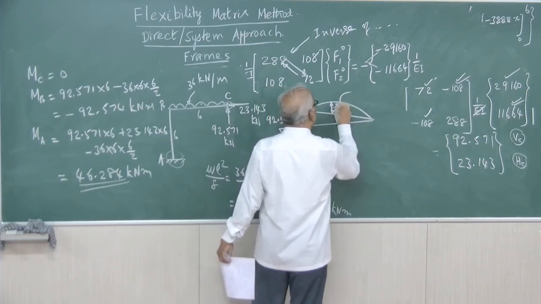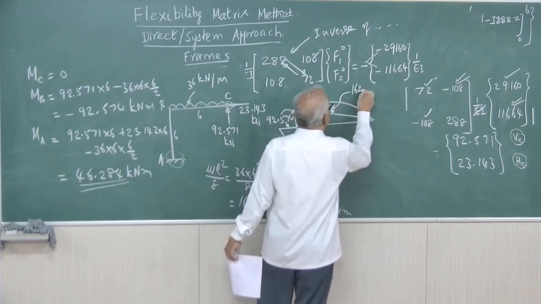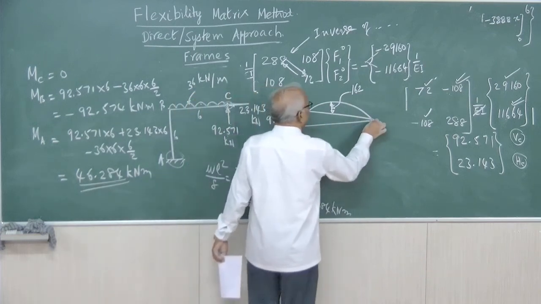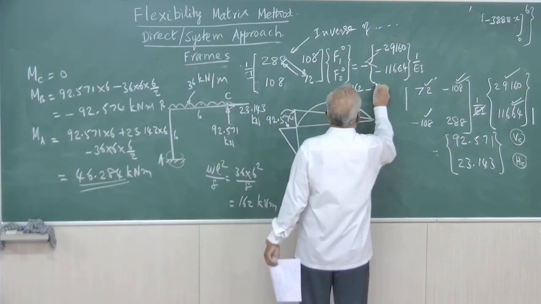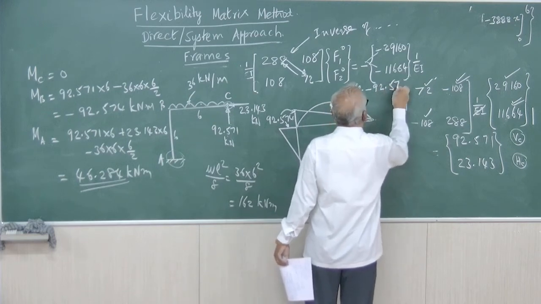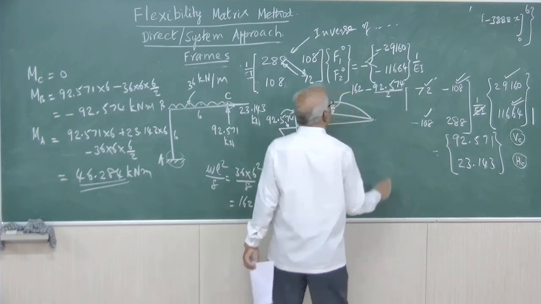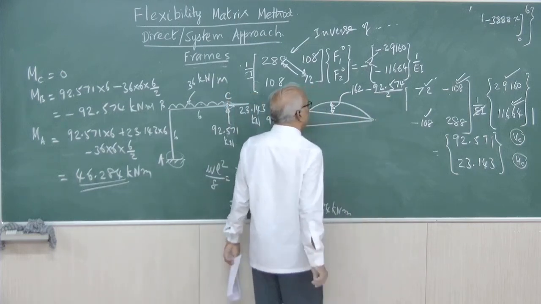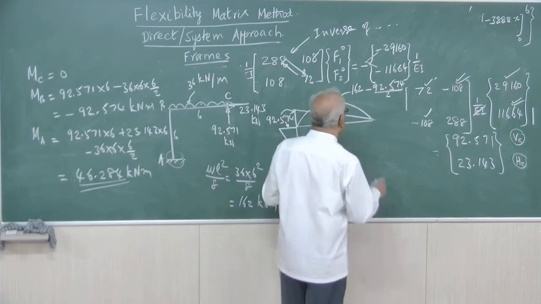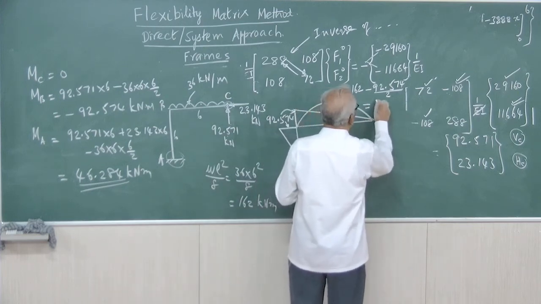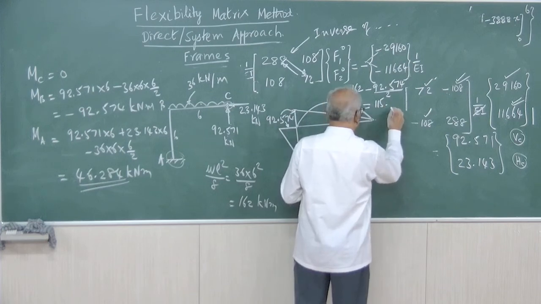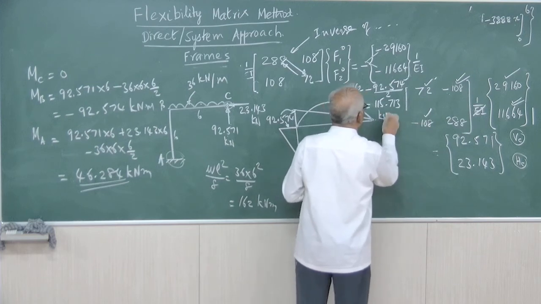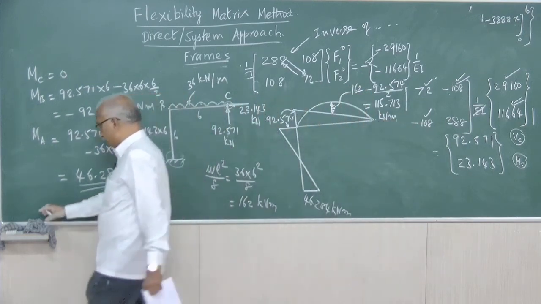The net value here will be 162 is the maximum value, minus, it varies from 92 to 0. So minus 92.574 by 2 average, since it varies from 92.574 to 0, it will be by 2 at the center. So this on calculation will give 115.713 kilonewton meter.